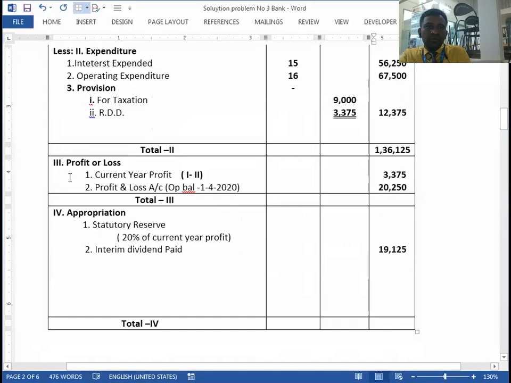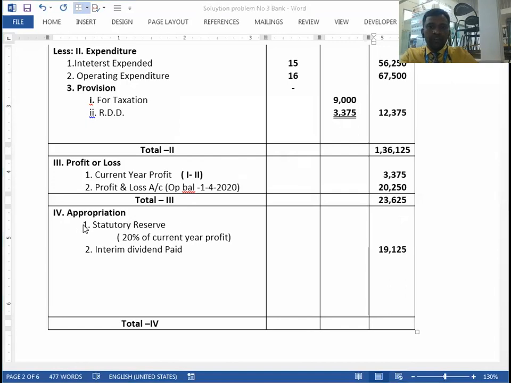Now the totaling of part 3: 20,250 plus 3,375. What is the total? 20,250 plus 3,375, so 23,625 is the total profit.